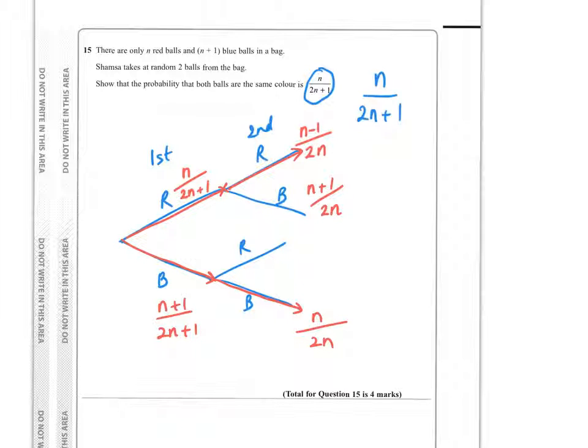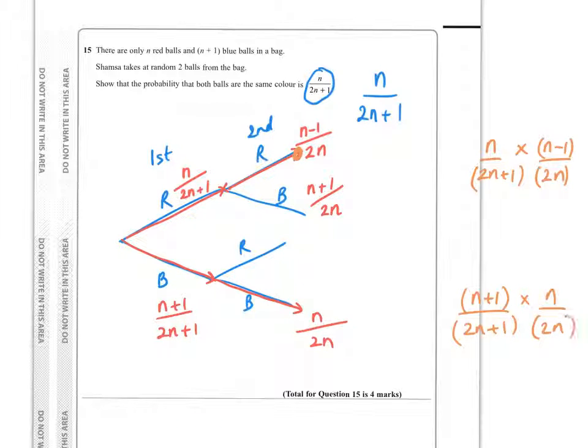So let's have a look at what we need. We need this outcome here, which is n over 2n plus 1 times n minus 1 over 2n. Let's bracket all of this off. And then what we have here is n plus 1 over 2n plus 1 times n over 2n.